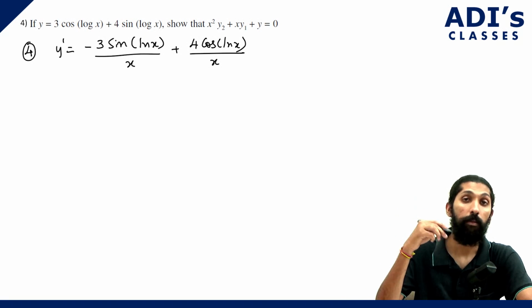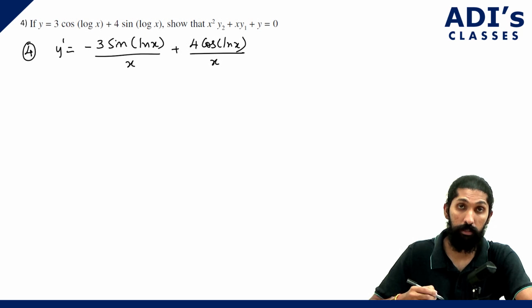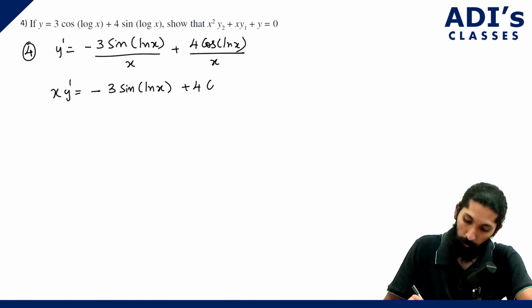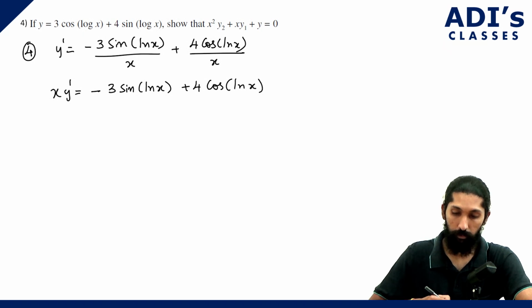Okay? The end result in both the cases, x into y dash will be minus 3 sine of log x plus 4 cos of log x. Fine? Differentiate again.